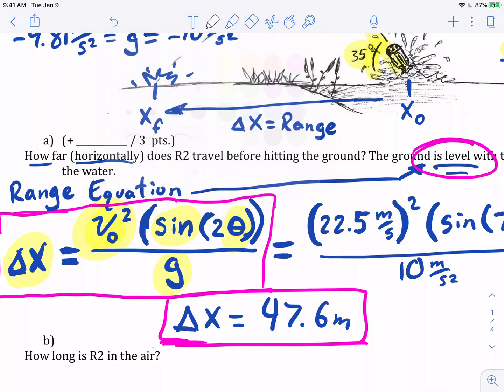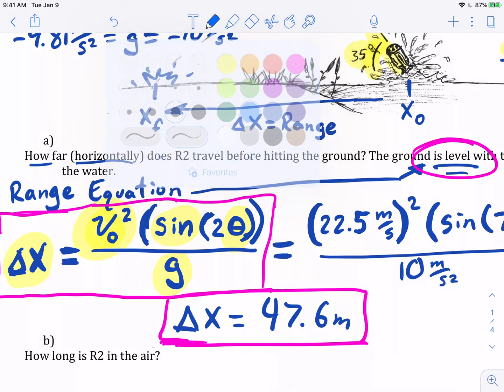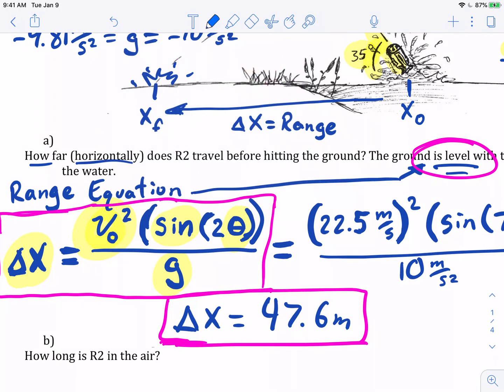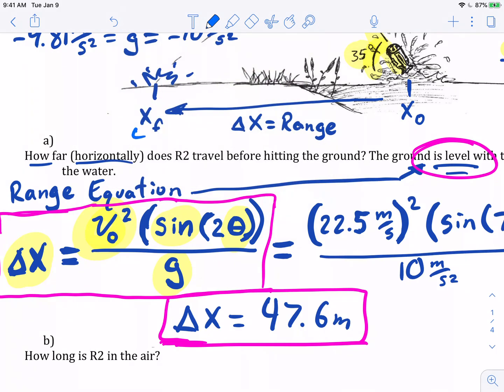I'm going to get rid of this little extra bit here. This is like if you were taking this as a quiz. You don't need that. We just want to solve the puzzle. So this is going to be 47.6 meters. And if you look at this as a number line, the ground is a number line, then we said that this position was 0 meters on our number line, and to the left is the positive direction on our number line right now.